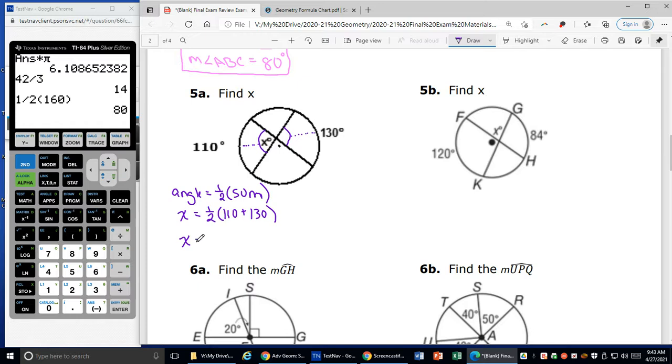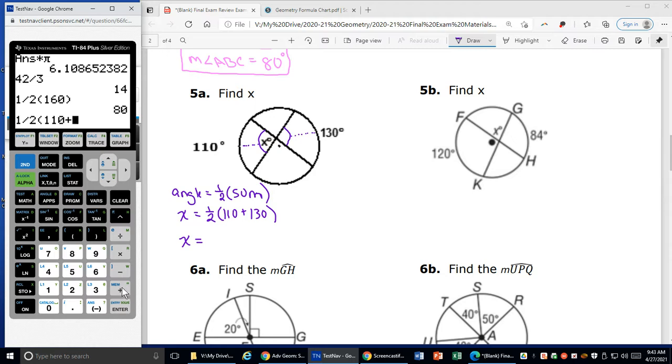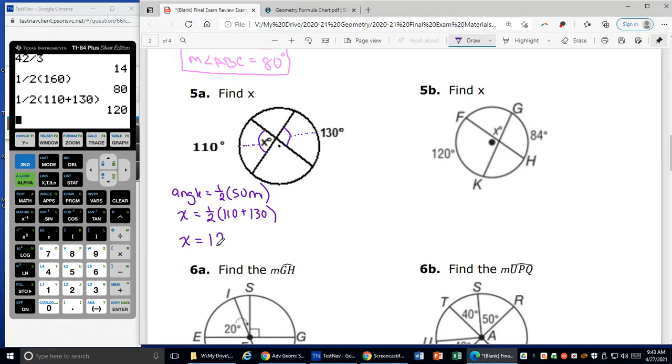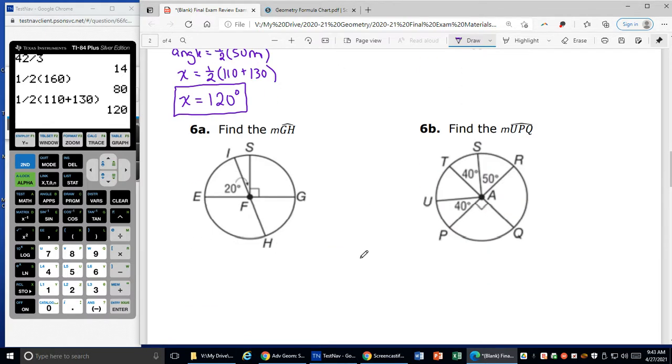So X is going to equal 1/2 times 110 plus 130. When I do that, I get 120 degrees. Okay, and that's going to be for the angle that's in between directly, that if I draw a line from one arc to the other, it's the angle that that line would go between. 120 degrees.